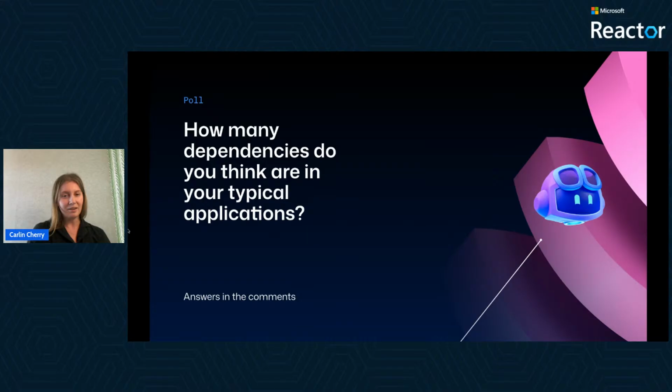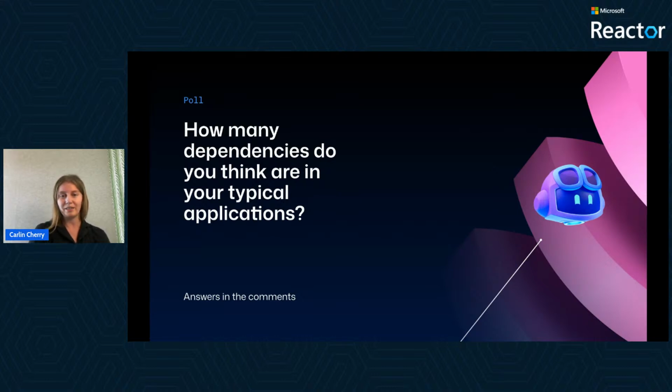It's on the number of hundreds to thousands. So if you were thinking about an order of magnitude of hundreds or thousands, you're pretty much on par. Modern web applications, especially those built with JavaScript and particularly NPM, are known for having a vast number of small reusable packages, which leads to a large number of dependencies.